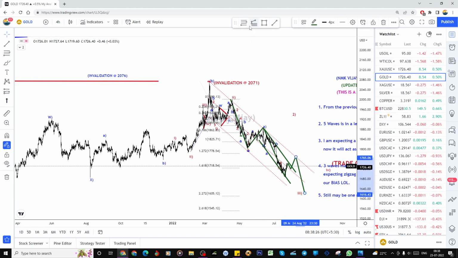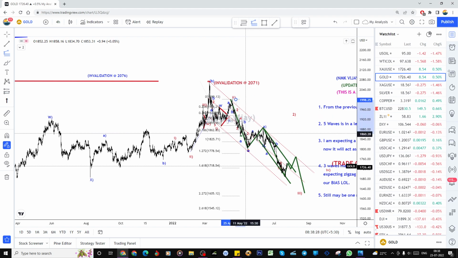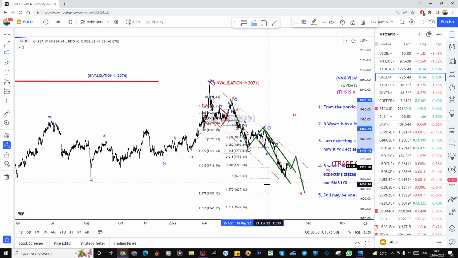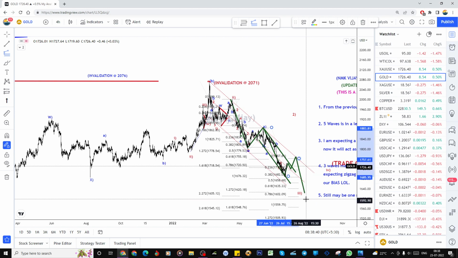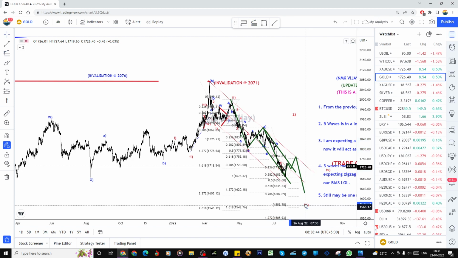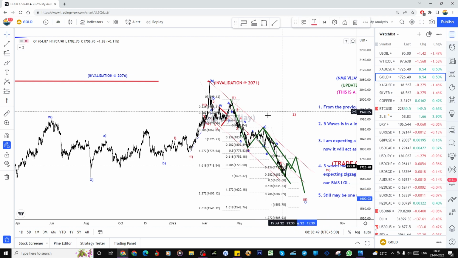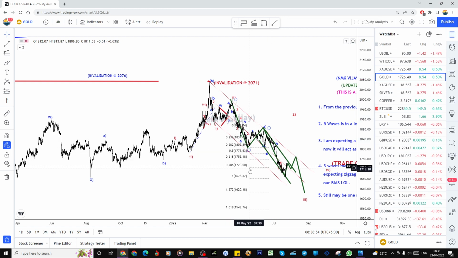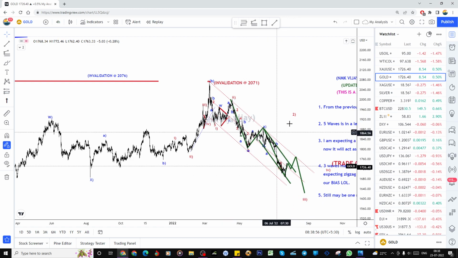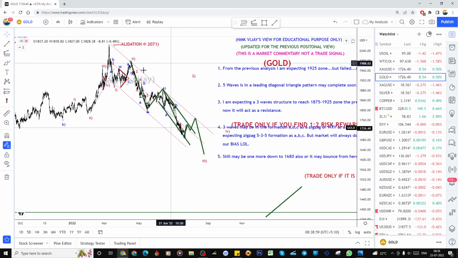According to this wave formation, we can measure this wave here. It is almost 1. So at least from here 1750 or 1760, if it's a 78.6 percent, or 1550, or within this range, and we are expecting to the downside in gold. So if this is the end of the third, again we are expecting the fourth wave.